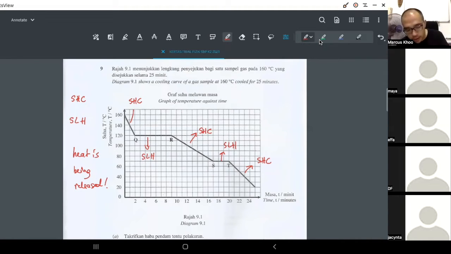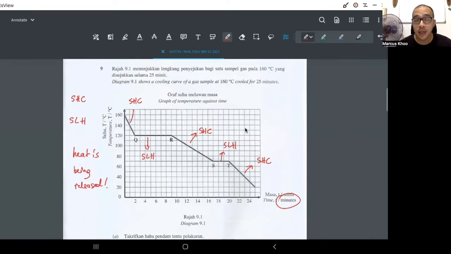Another thing to take note of is that it is in minutes. Whenever we do a question that involves a heat experiment, it usually involves Q equals Pt, especially if there's power involved. And this t is not in minutes, it's always in seconds.